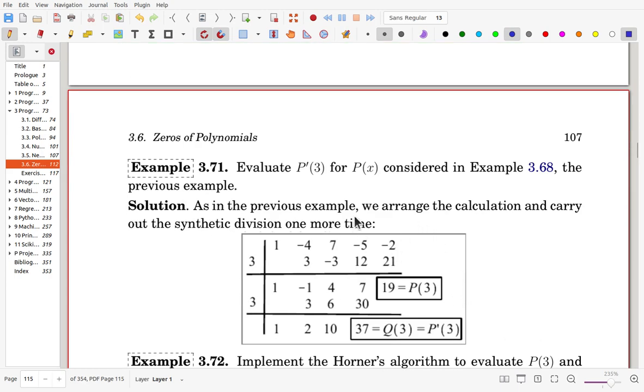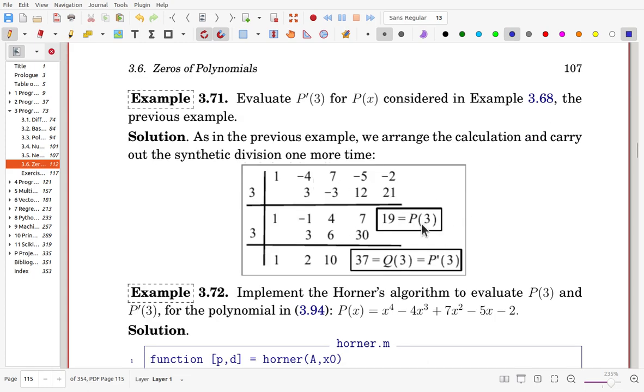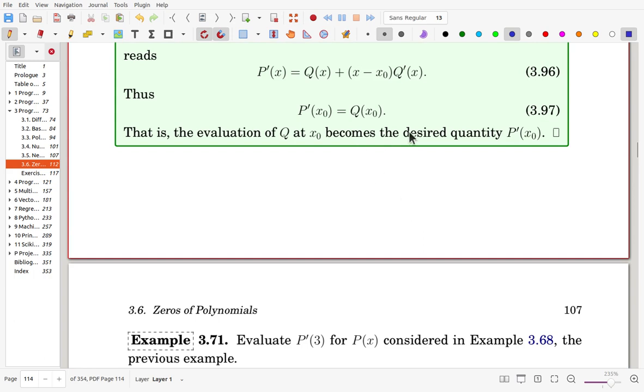Now, for the polynomial we considered earlier, let's try to evaluate P prime at 3. Already we know this portion, and from the coefficients of the polynomial at 3 we do the Horner's algorithm to get P at 3. Now that's Q of x. By evaluating Q at x0, we can find the derivative P prime at x0.